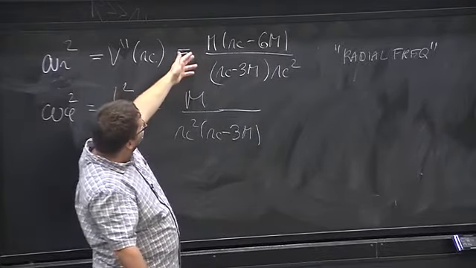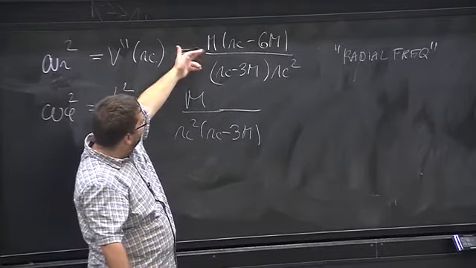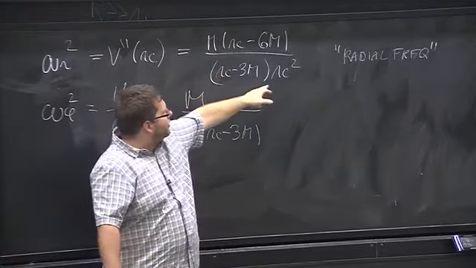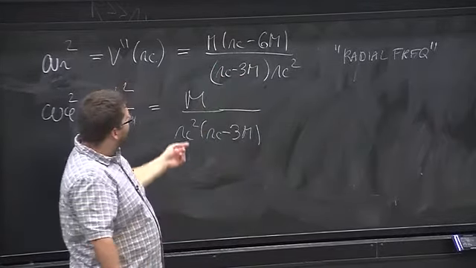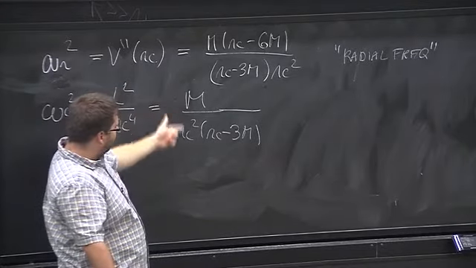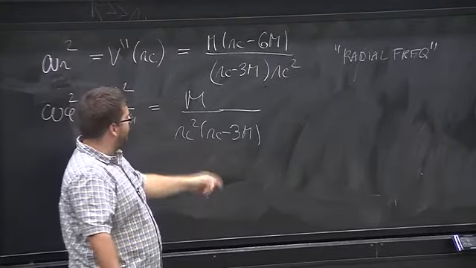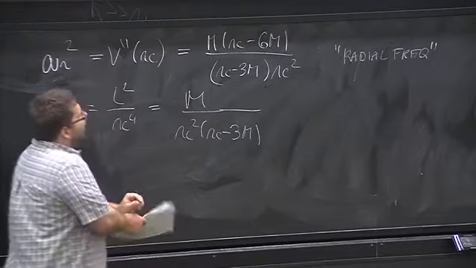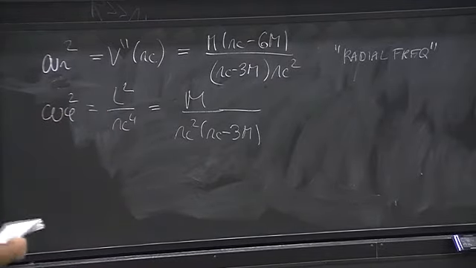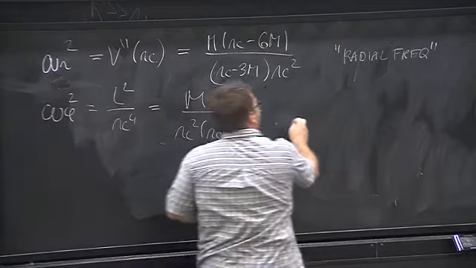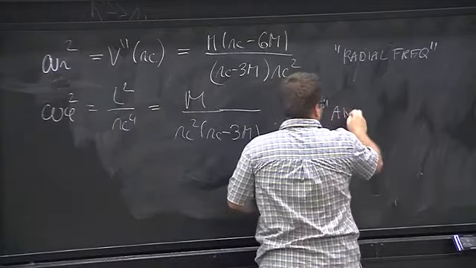Then the radial frequency would be just M RC over RC cubed. So this I neglect and that I neglect. Then this one would be M over RC squared and then RC, so it's M over RC cubed. That's interesting. Anyway, that's the angular frequency.